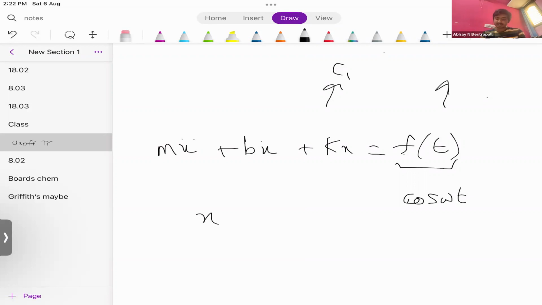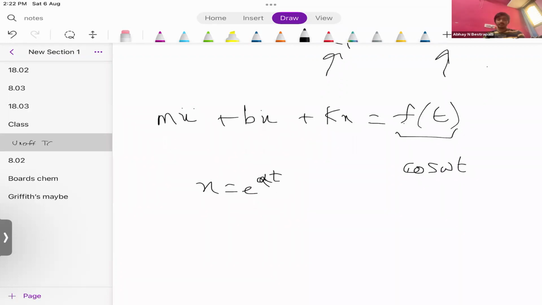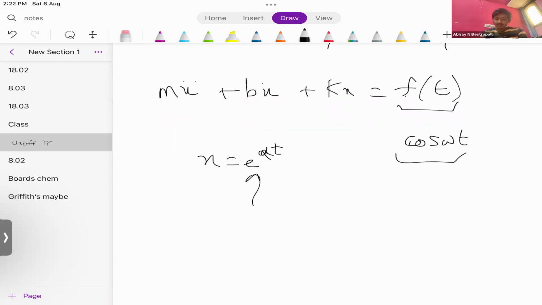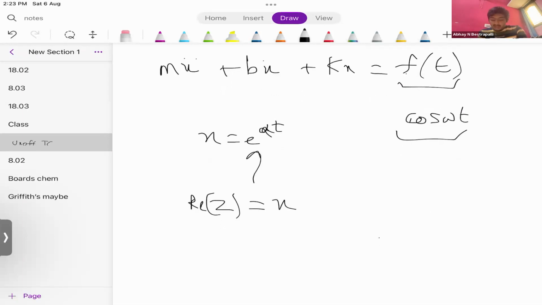Remember the process where we just guess x equals e to the alpha t, and things became much simpler? We were able to find the solution very quickly. With that in mind, we're going to use the same trick and introduce a z, where the real part of z is actually x. We don't care about the imaginary part of z, but we add it for convenience.